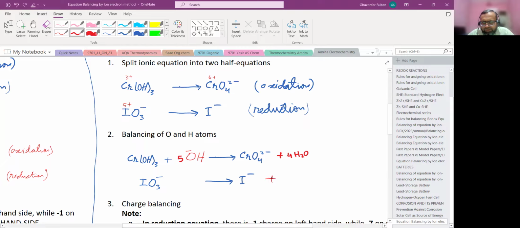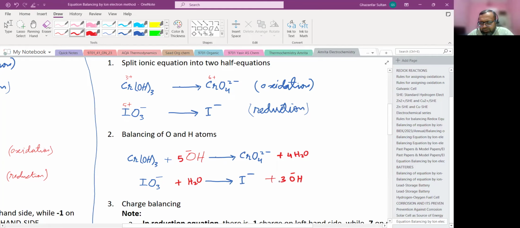Now, in the reduction equation, you can see there are 3 oxygen in the iodate ion. So first we add 3 hydroxide on the right hand side to balance the oxygen. And for balancing the hydrogen, we can add water molecules here. So how many water molecules should be here?